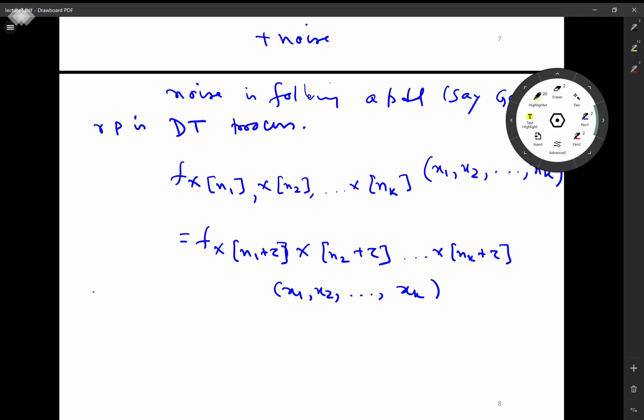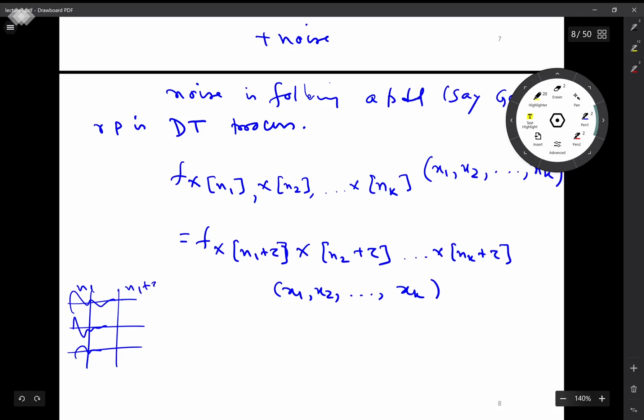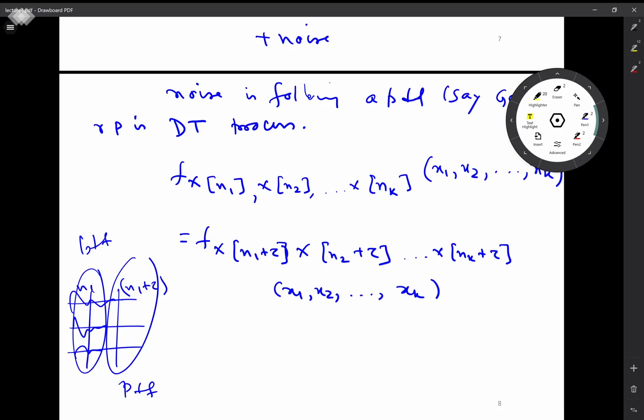So if we take the instant n1, and then again take the instant n1 plus tau, and take the PDF of it, both will have the same distribution because it is independent and identically distributed.